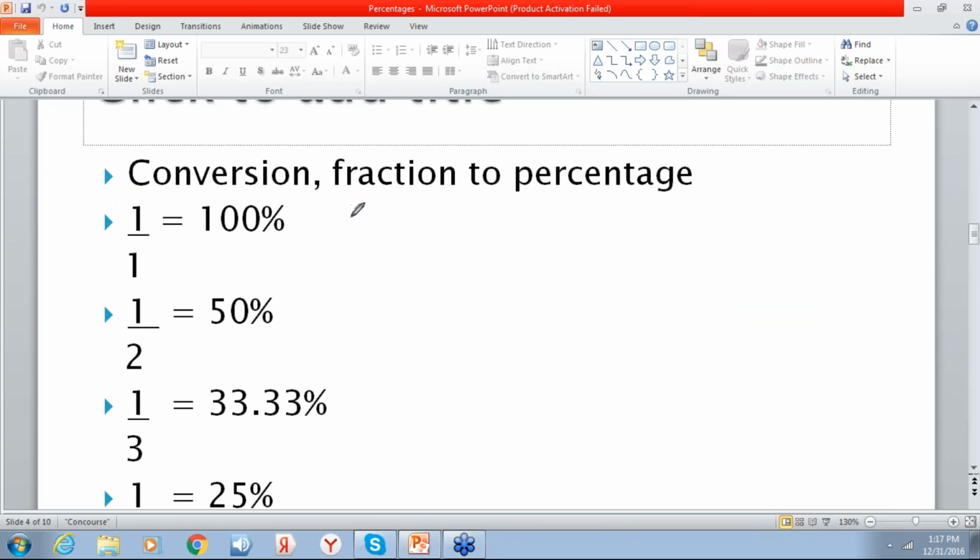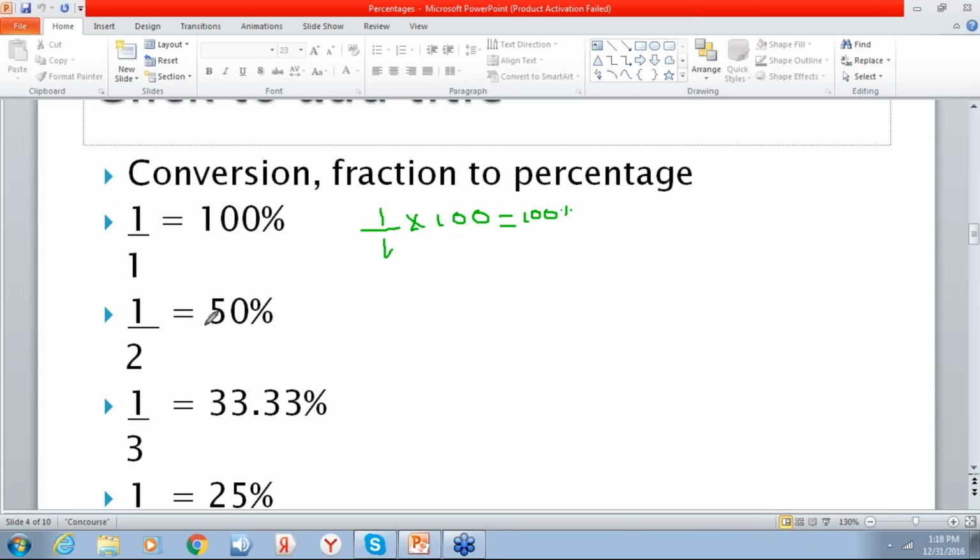How is it? How to express a fraction as a percentage? Here 1 divided by 1 into 100 is equal to 100%.